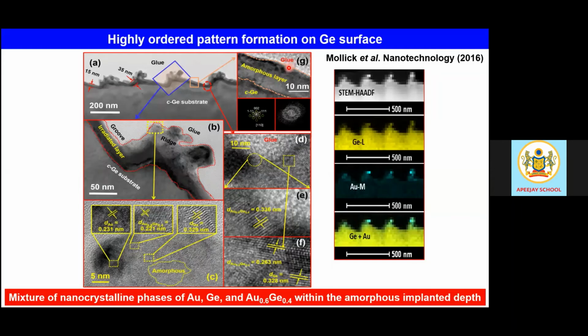Projected range means, as I told earlier also, the ions will come and stop here only. Gold ions of 25 kV or 26 kV cannot penetrate deeper than this. And this becomes amorphous at this fluence, as expected.